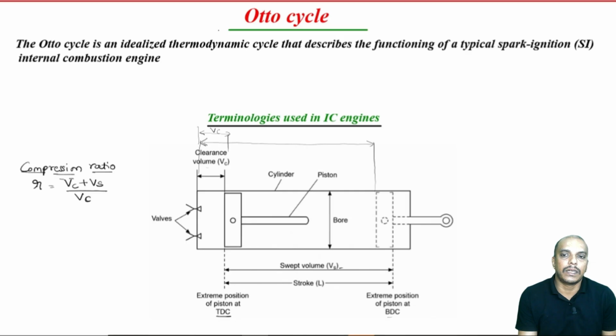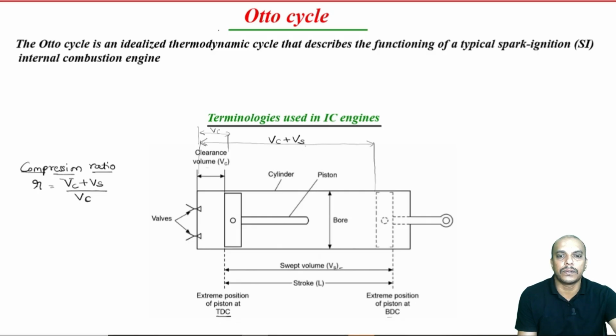So, we can decide on the compression ratio, and we will later see how it affects the efficiency. This total will be Vc plus Vs. The compression ratio in a typical petrol engine will be of the order of 6 to 8, whereas in a diesel engine it will be a little higher. We will discuss that later.